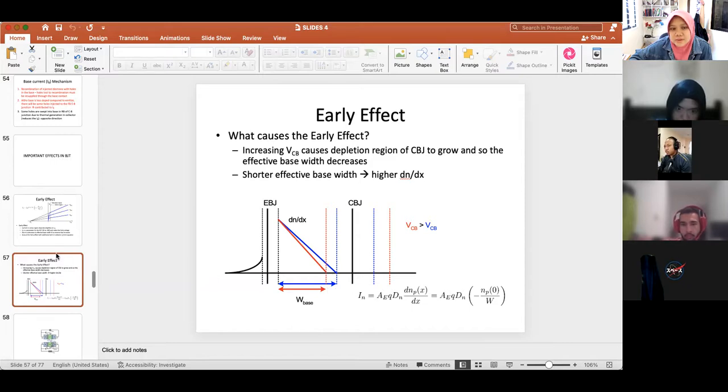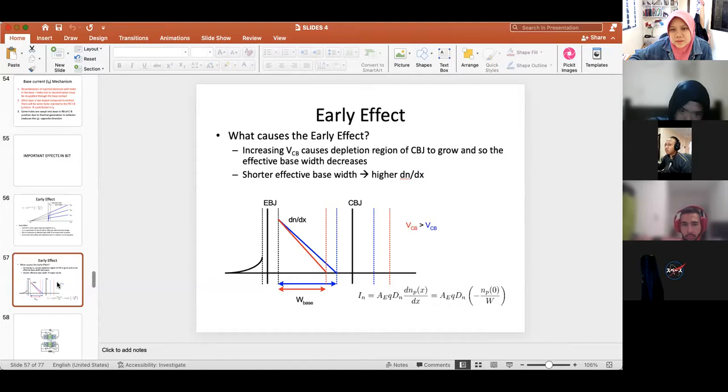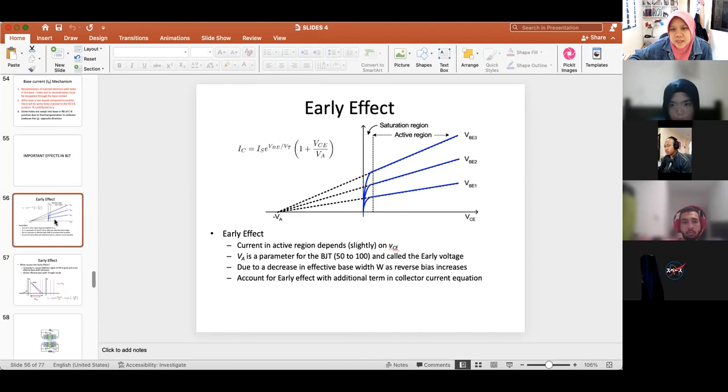More current will be drifted to the collector. More electrons will be drifted to the N type collector. Okay, because the emitter is also N type, you know. So you need to be careful in the exam if you say something.